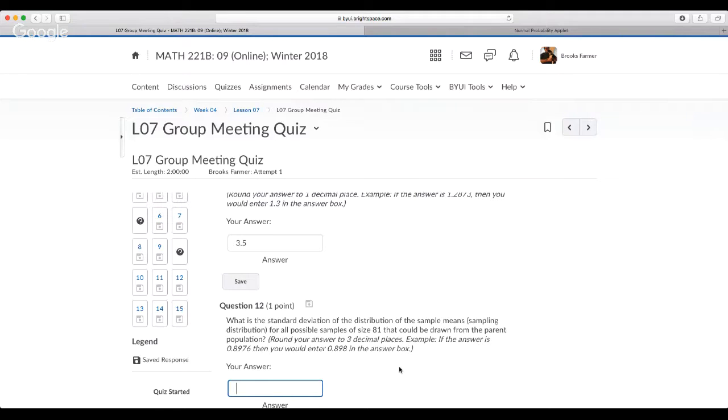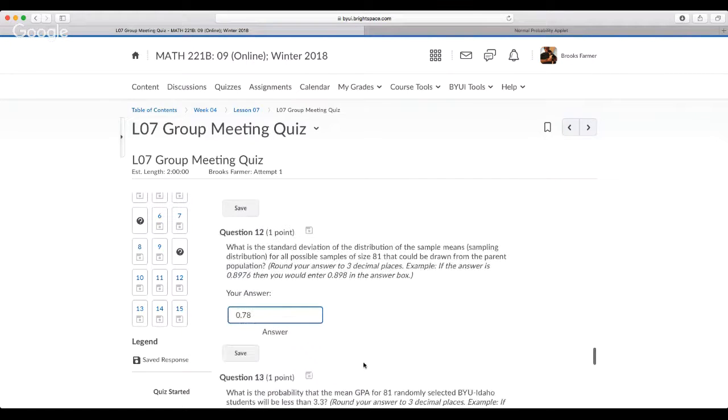This is talking about standard deviation, which is the standard deviation of the population divided by the square root of the sample size. Got it. So I got 0.077. 0.078, yeah. I have a feeling that a lot of people will get rounding wrong on the test. Hope not, but I have a feeling that will be tricky.